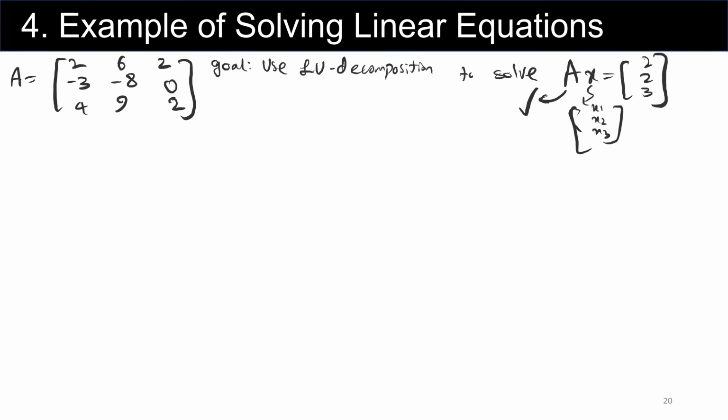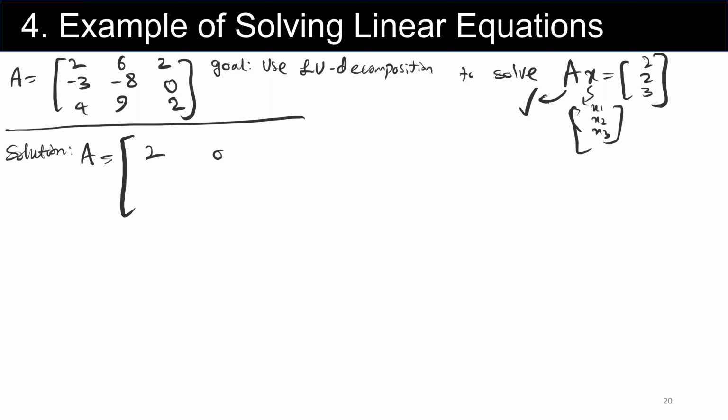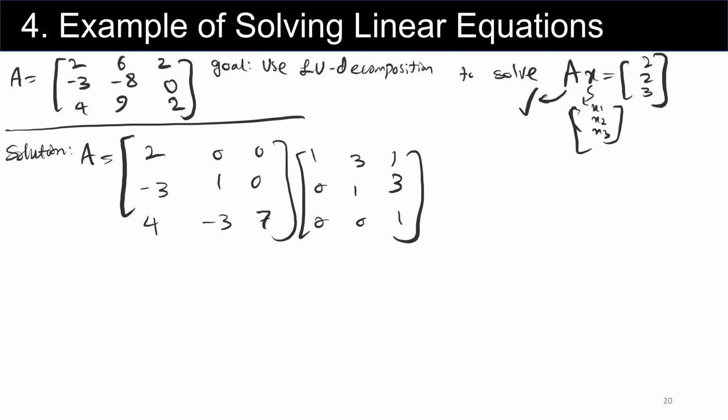So the very first step is to find the LU decomposition. So A is equal to L, which is [2, 0, 0; -3, 1, 0; 4, 3, 1]... and U is [1, 3, 1; 0, 1, 3; 0, 0, 1].